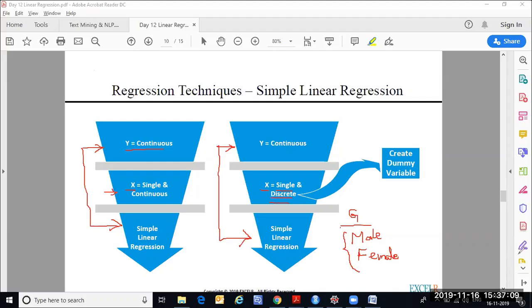How do we create the dummy variable? Did we already look at this, friends? I think we already saw it, right? How do we create the dummy variables? Okay. So how many classes do I have for this variable gender? 2 classes, right? So instead of one variable, I would create 2 variables. G underscore M is one variable and G underscore F is another variable.